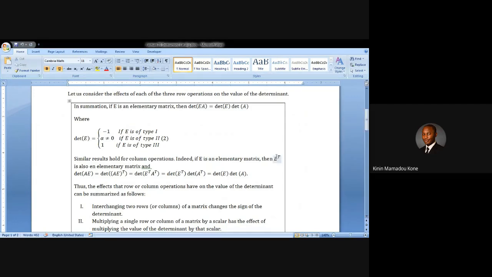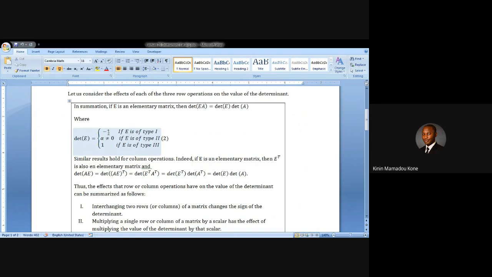In summation, if E is an elementary matrix, then the determinant of E times A is equal to the determinant of E multiplied by the determinant of A, where the determinant of E is equal to -1 if it is a matrix of type 1, equal to alpha if we are dealing with a matrix of type 2, and equal to 1 if we are dealing with a matrix of type 3.